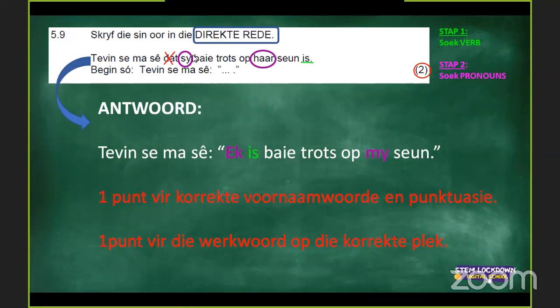Your punctuation is also extremely important in this question. Now you'll see this question is for 2 marks, so you will get given marks for certain things. Sometimes in the exam it's only worth 1 mark, and if it is only worth 1 mark, everything has to be correct. Okay, so please pay attention to your punctuation.